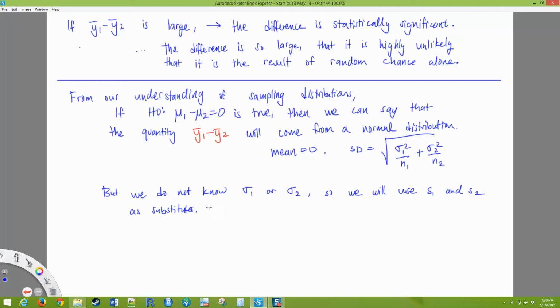And as a result, we have to compensate by not using the normal distribution, but using the t-distribution. We compensate for this substitution using the t-distribution.